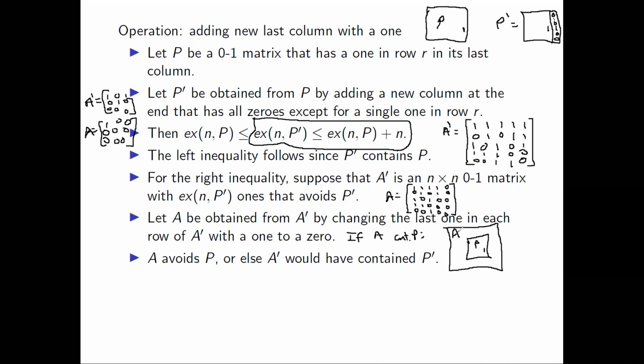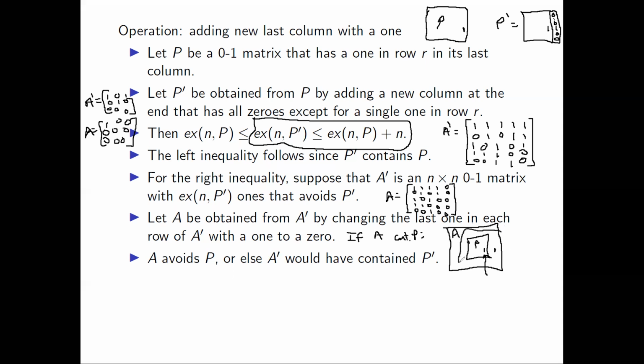And we know that when we created A from A prime, we changed the last 1 in each row with a 1 to a 0. We see that this row right here in A has a 1. So it means that in the original matrix A prime, that row must have had some 1 to the right of this one. So there's some 1 over here.